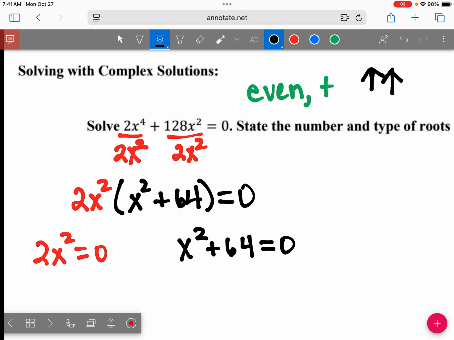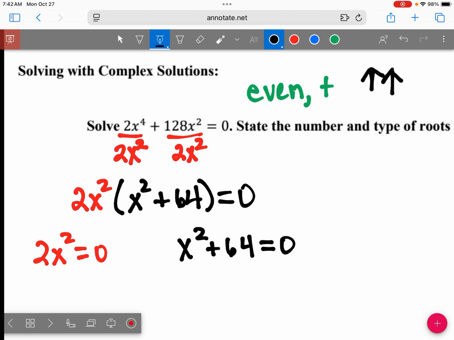So you have to subtract the 64 and then separate out the negative. All right, that's good. All right, let's go ahead and finish it out together.